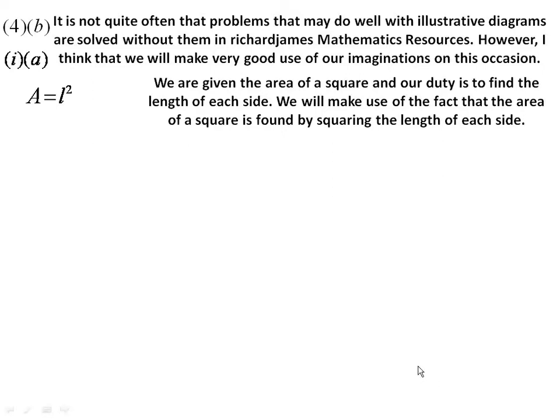In this particular case, what do we have? The area is already given to us as 121 centimeters squared, and that is the area of a square, and we need to find the length of each side. And the area of a square is given by L squared.